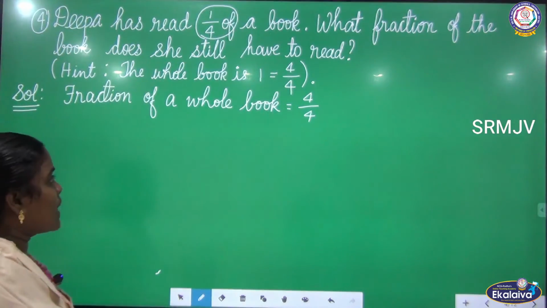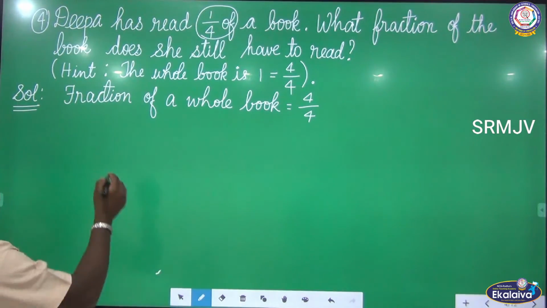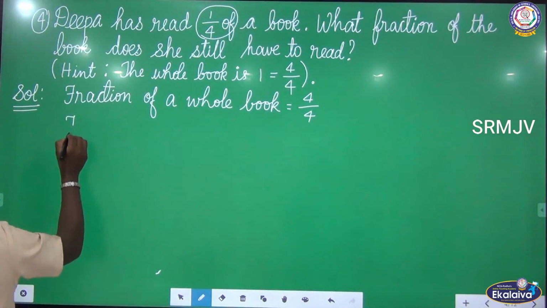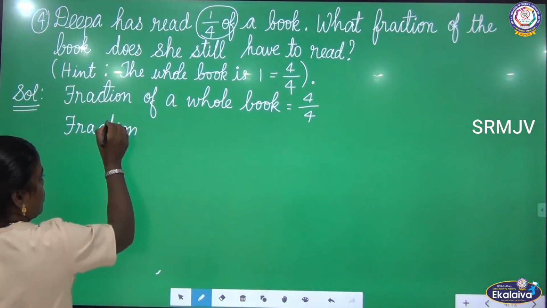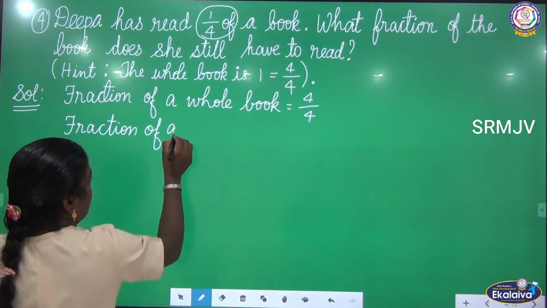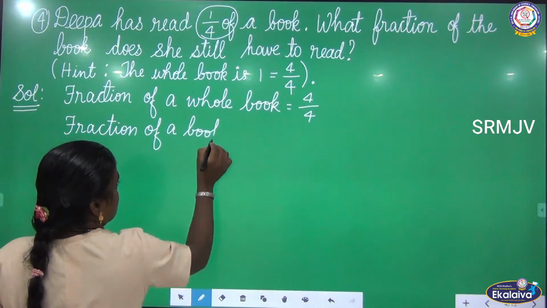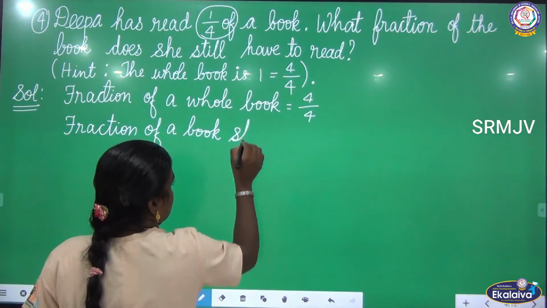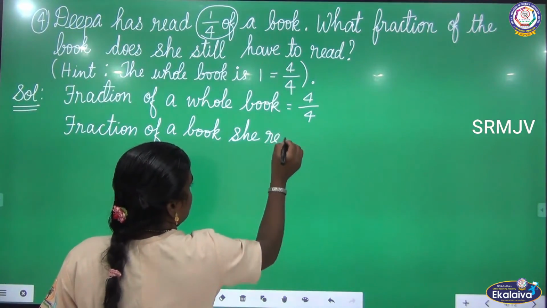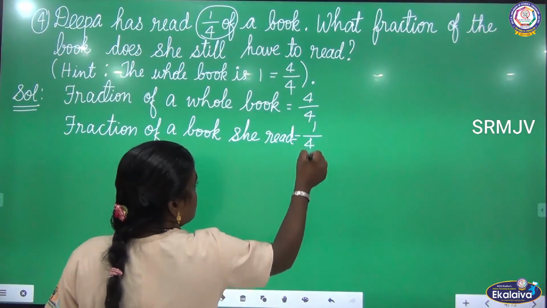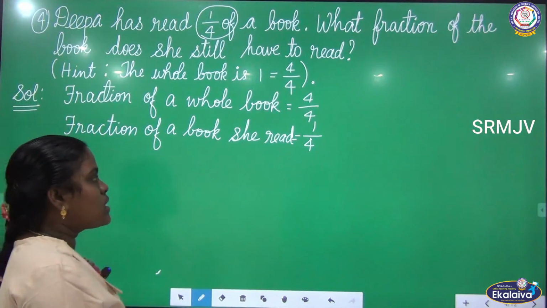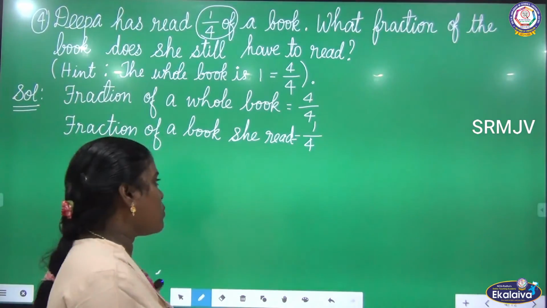And the fraction of pages which she read is 1 by 4. Fraction of a book she read, that is 1 by 4. So from 4 by 4 she has read 1 by 4 of the book.